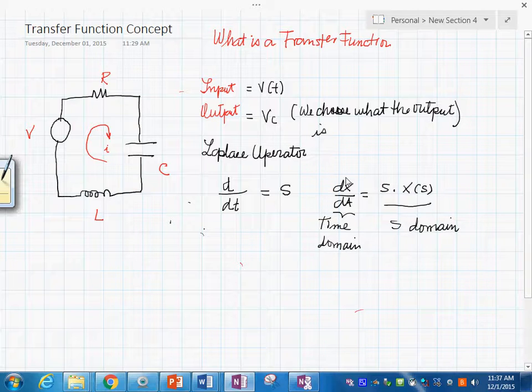So what we need to do is apply this operation to the differential equations of the system.